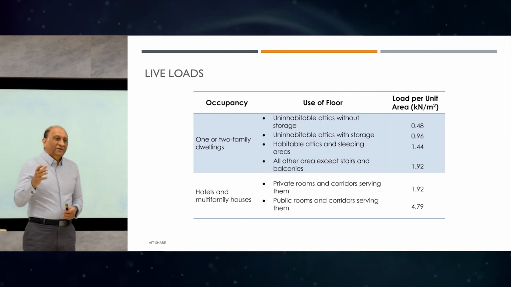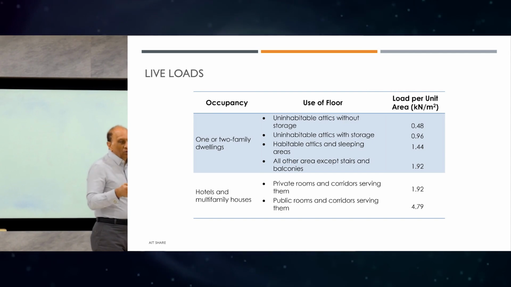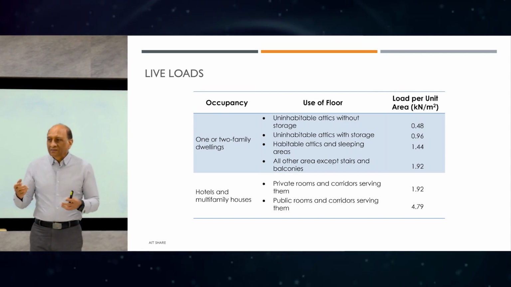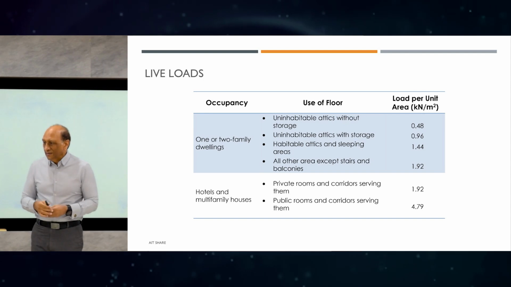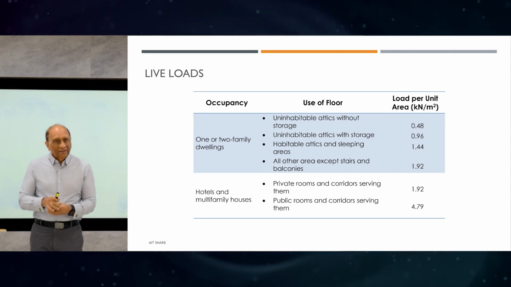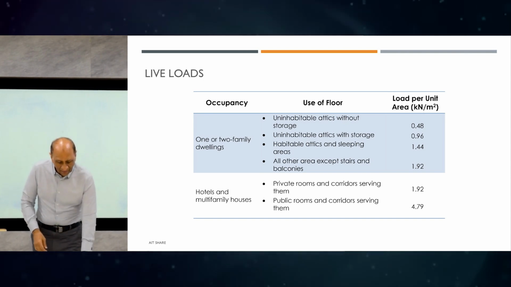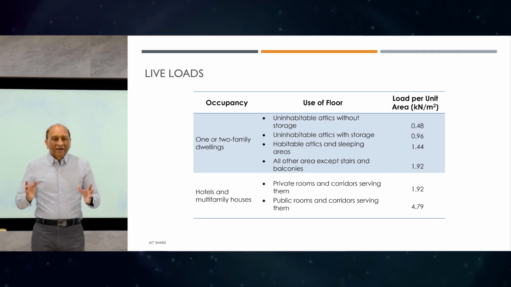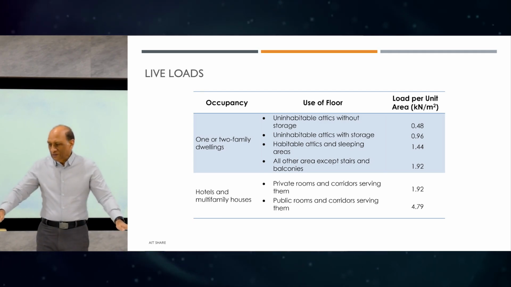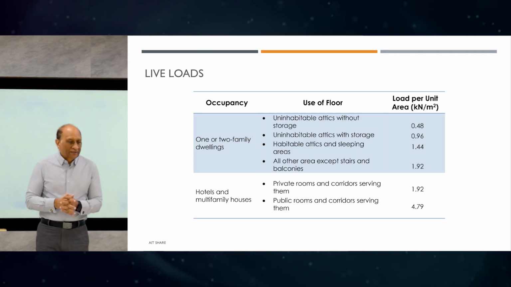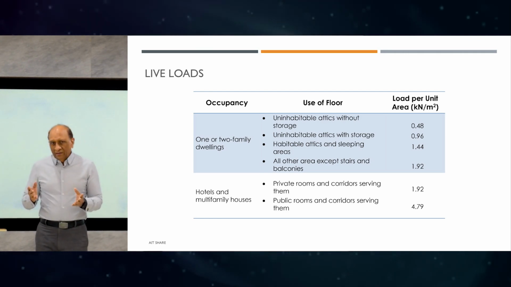Right? So that means we have to anticipate change of the occupancy of a building and make sure that it will not create a problem. The second issue is that the live load is not applied at the same time in the entire building. For example, the specified live load here is 2.5 kilonewton per square meter or 2.2.